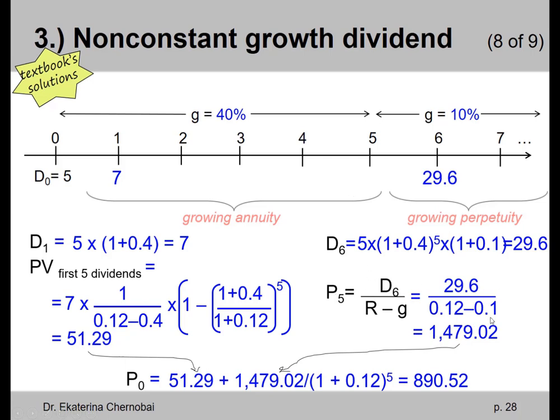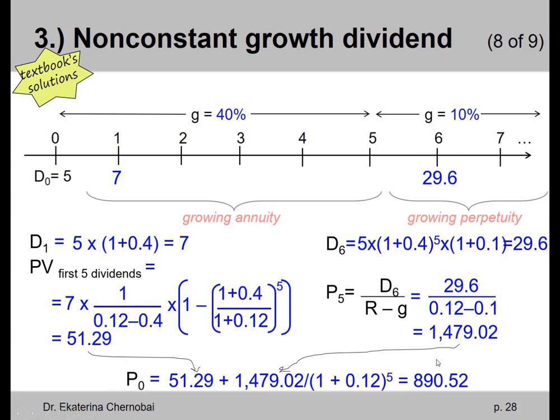So that large second number needs to be discounted back by 5 years. And we divide it by, open parenthesis, 1 plus the discount rate, 0.12, close parenthesis, power 5. And when you add the two partial prices together, you get $890.52.